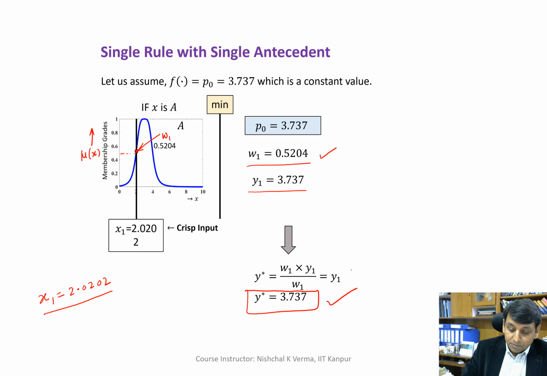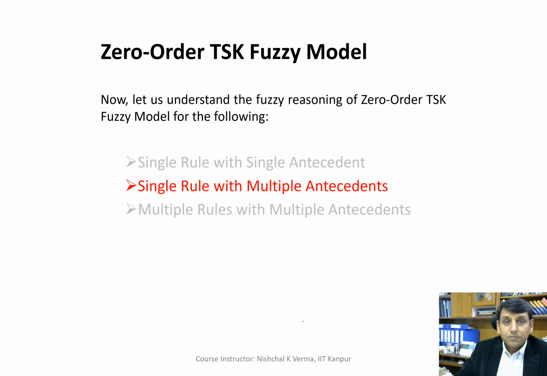Since we have a single rule, the weighted average is going to remain the same. So the output corresponding to x1 is equal to 3.737.